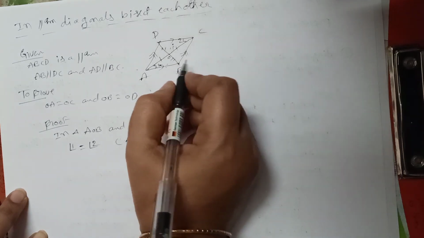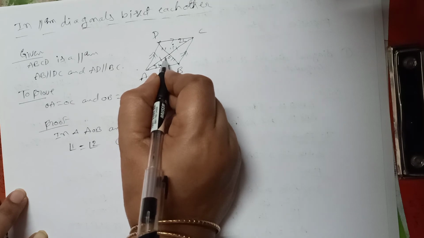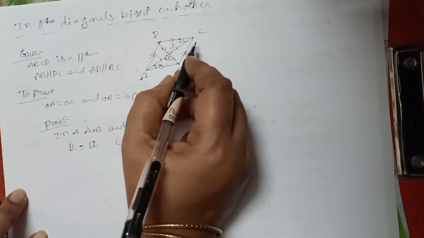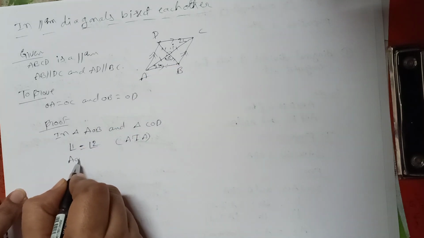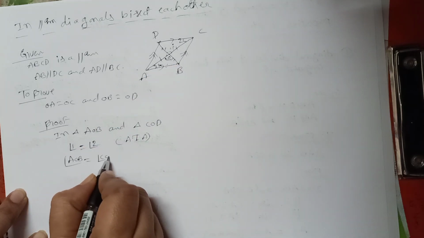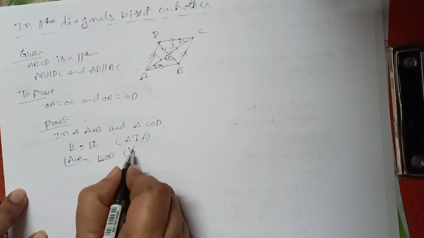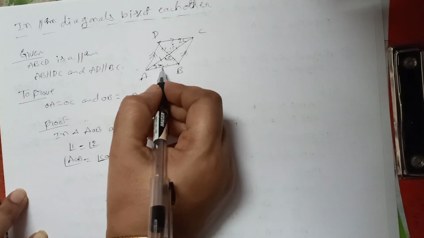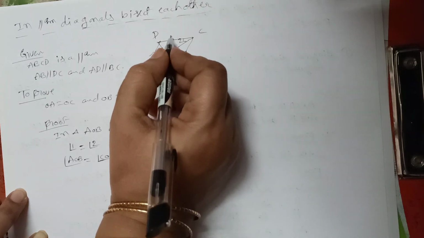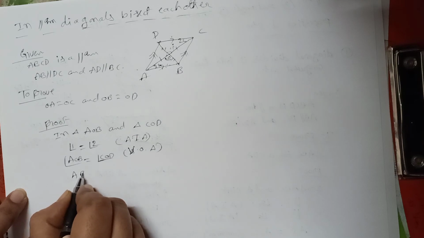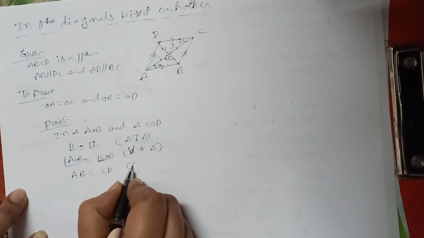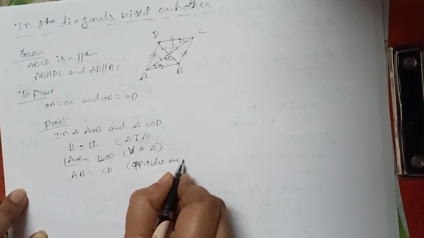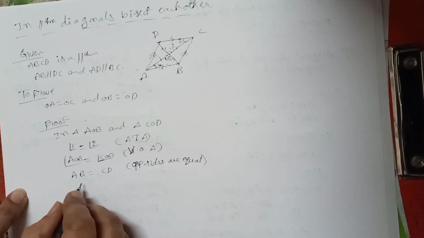Next, these two are the vertically opposite angles. Angle AOB is equal to angle COD, vertically opposite angles. AB is equal to CD. Already we proved opposite sides are equal. In parallelogram, opposite sides are equal.